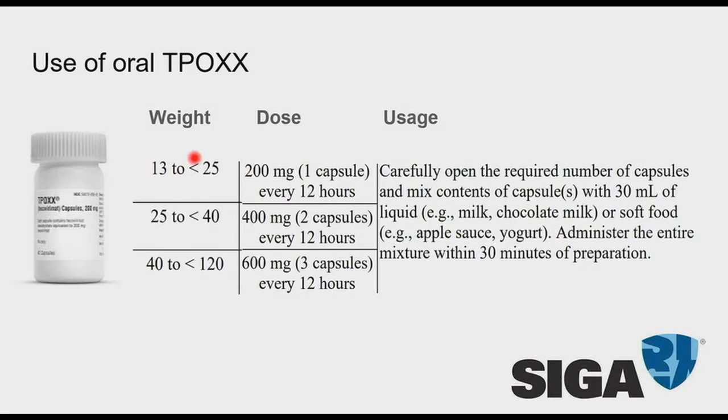The drug needs to be adjusted based on your weight. For use, you need to carefully open the required number of capsules and mix the content of the capsules with 30 milliliters of liquid. For example, you can mix it with milk, chocolate milk, or soft food such as applesauce or yogurt, and administer the entire mixture within 30 minutes of preparation.